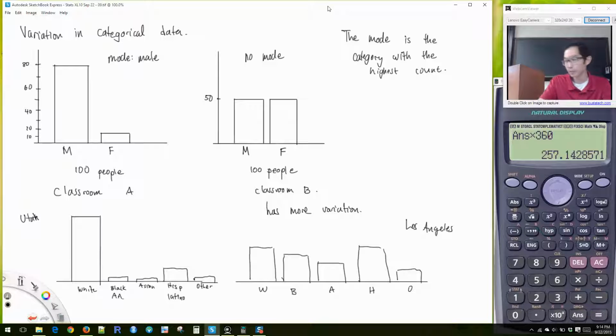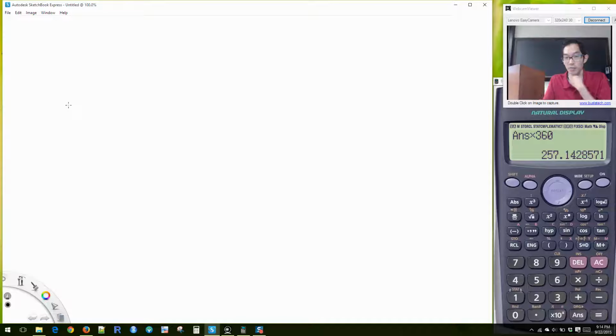So that's variation in categorical variables. Variation when it talks to numeric variables is going to be very different. If we're talking about numbers, 50 versus 50 versus 80 and 20, then yeah, 80-20 will have more variation, of course.